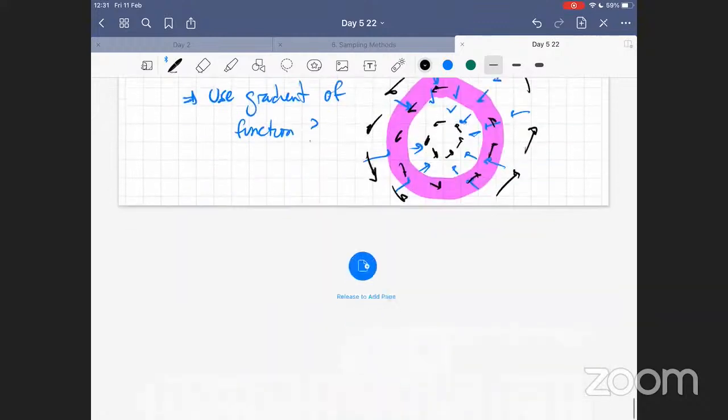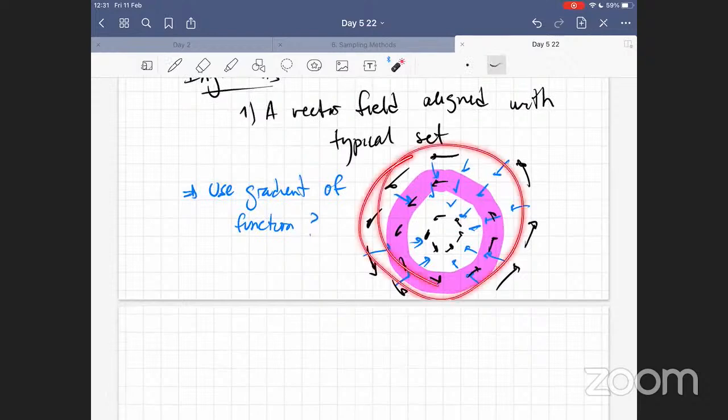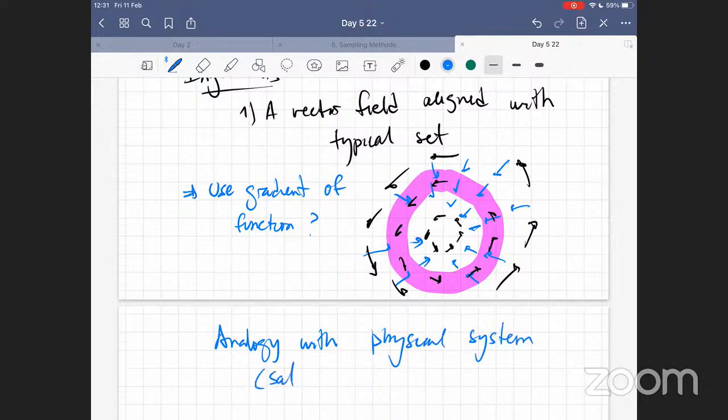And here is where the idea of this orbiting comes in. The idea is an analogy with a physical system, and in particular, an analogy with a satellite orbiting around the Earth.